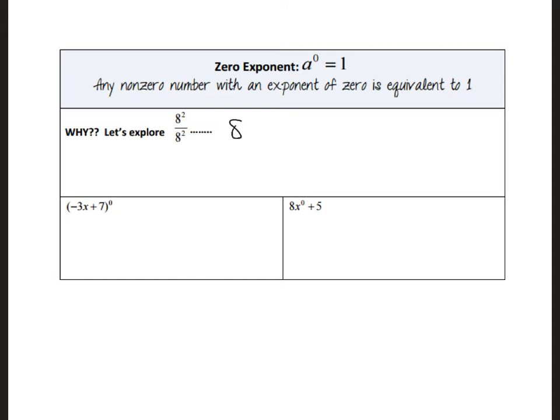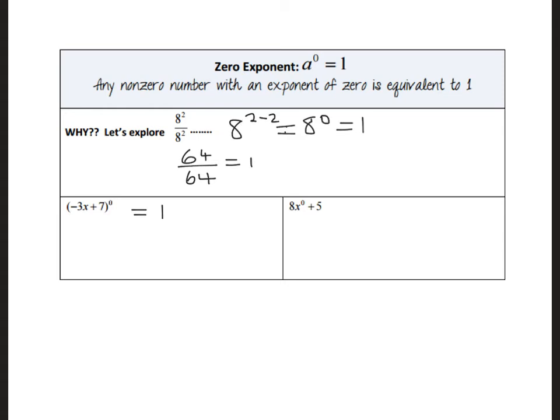This is going to be 8, 2 minus 2, which is 8 to power 0, and this is what we are saying is equal to 1. I can show this mathematically by doing 8 squared, which is 64, divided by 64, and I get the same answer.